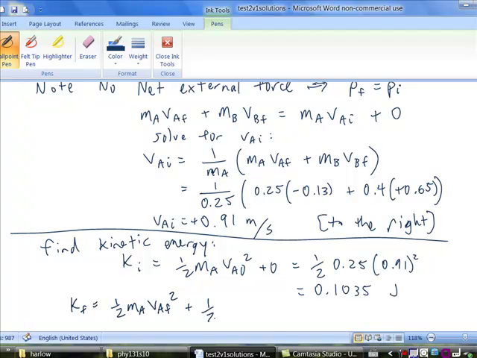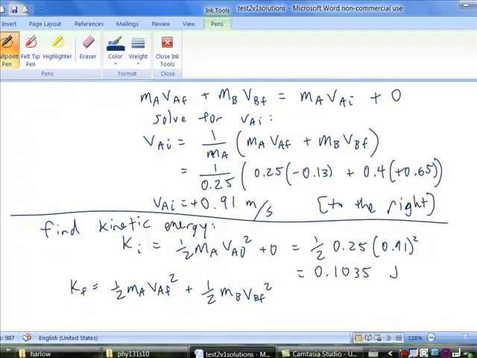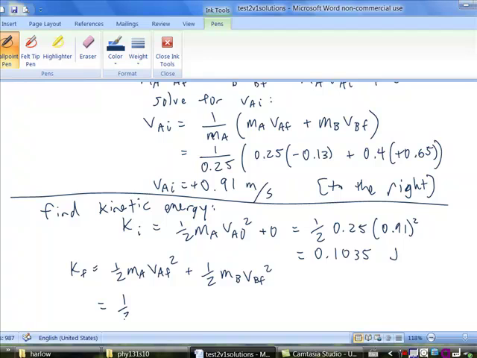Okay, and then the final kinetic energy is going to be 1/2 m_A times V_A final squared plus 1/2 m_B V_B final squared. Let's put the numbers in. 1/2 times 0.25 times negative 0.13 squared, but when you square a negative that will become positive, so it'll be a positive contribution to the kinetic energy, plus 1/2 times 0.4 times 0.65 squared.